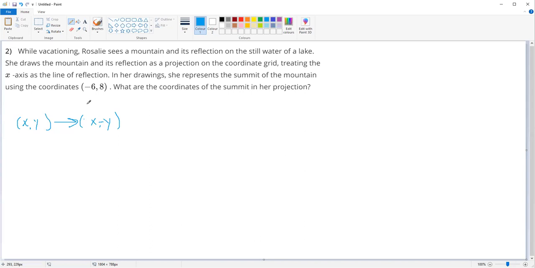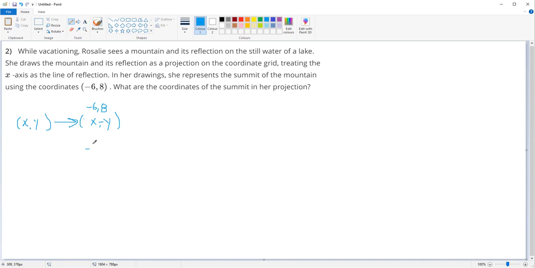You go -6 comma 8 into that. That means your x values stayed the same.